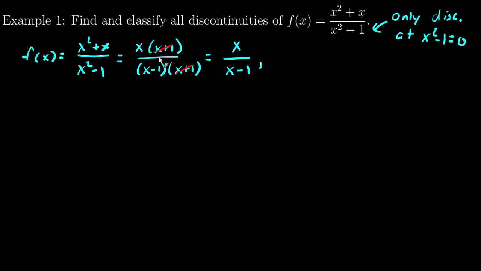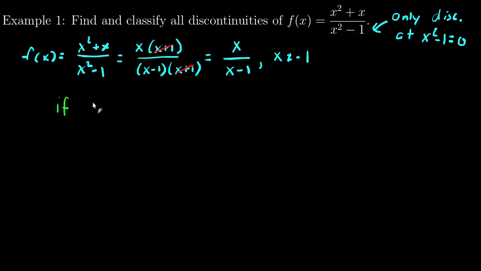It will not be equal here when x is negative 1. So x cannot equal negative 1 because this is undefined at negative 1. This must also be undefined at negative 1. And what this means is the following. So let me write this out.